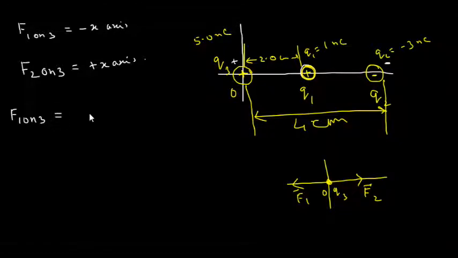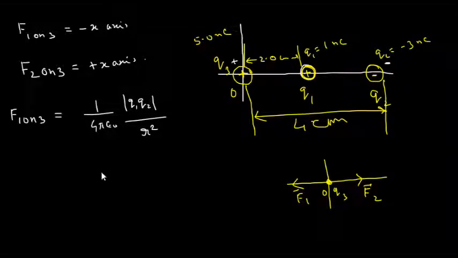What is the force? 1 by 4 pi epsilon naught Q1 Q3 upon R square. R is the distance between Q1 and Q3.